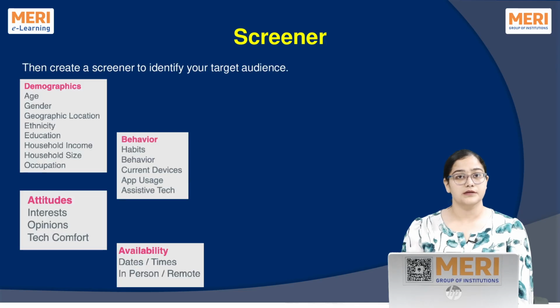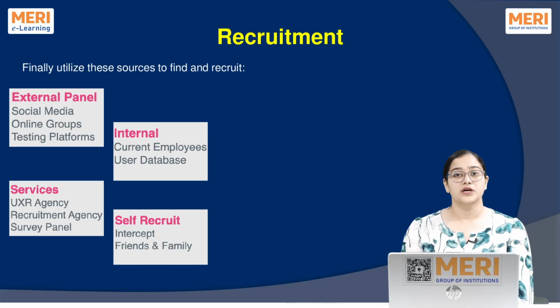Number 3, screener. A screener is used to filter participants. It ensures that participants match research criteria. Irrelevant users are excluded. A poorly designed screener leads to poor data quality. Number 4, recruitment.